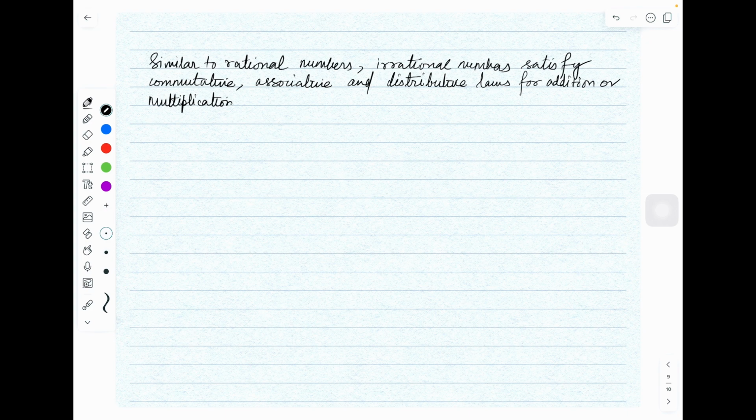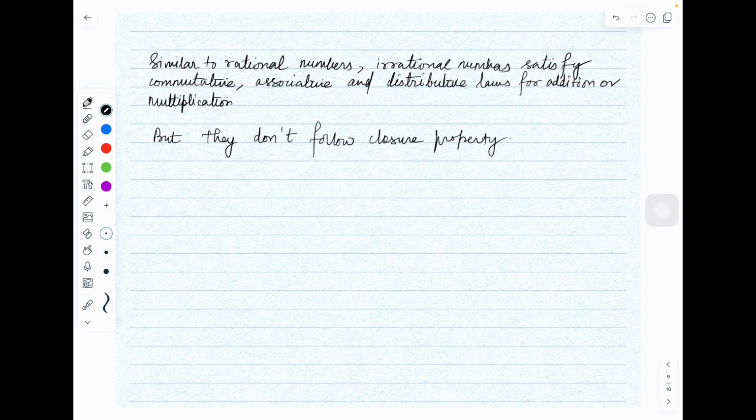But they do not follow closure property.